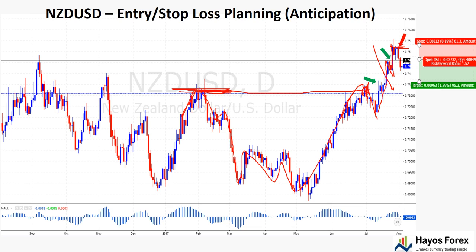It was rejected and price fell again before it finally passed through it. So that's a good target for me. And when I look at the risk reward ratio, it's about 1.5. Generally, I always look for a minimum of 1 to 1. So this is a good trade for me to take.